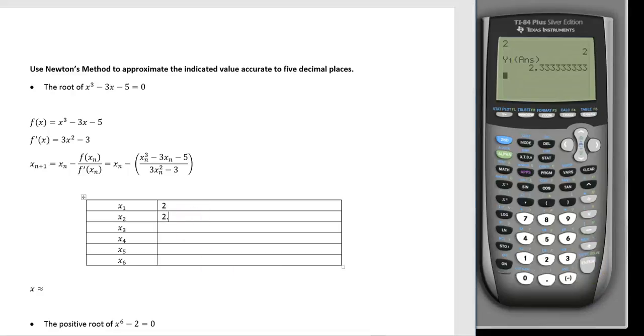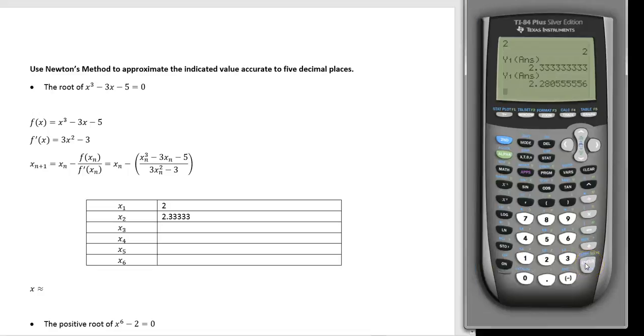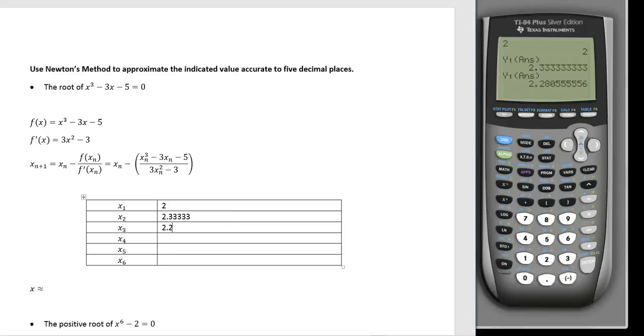2.33333, and I'm looking for 5 decimal places of accuracy, so I'm going to stop there. And then the beautiful thing is, now that we've entered this in, when we hit enter again, it's just calculating another iteration. So that value we see in the next line is our x sub 3, 2.28055.